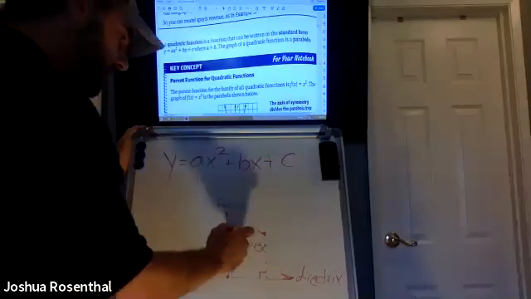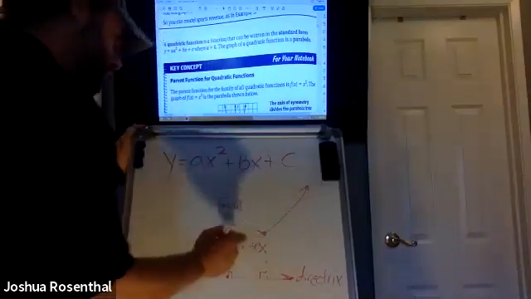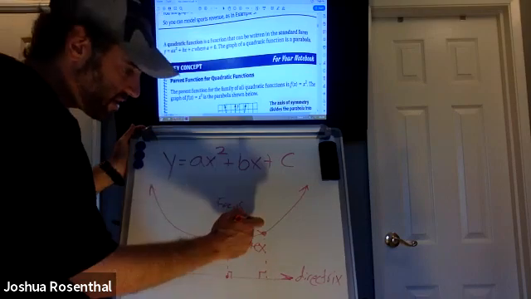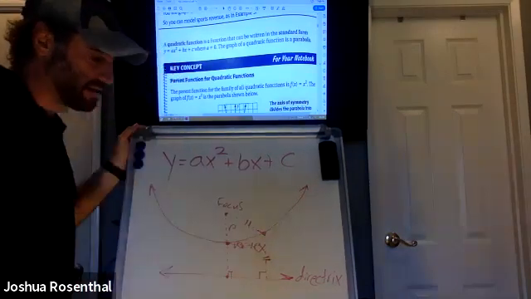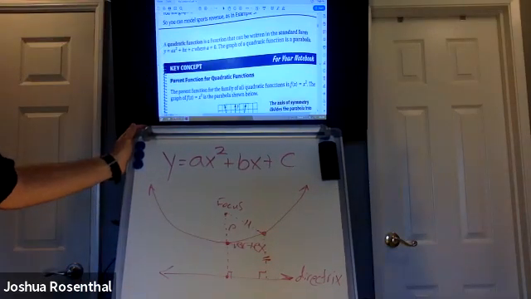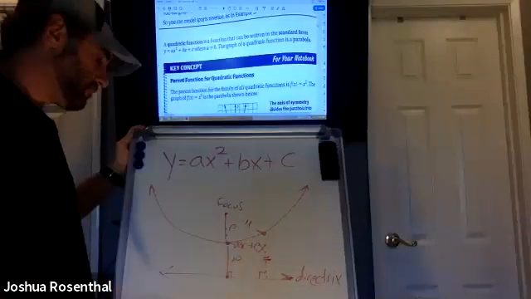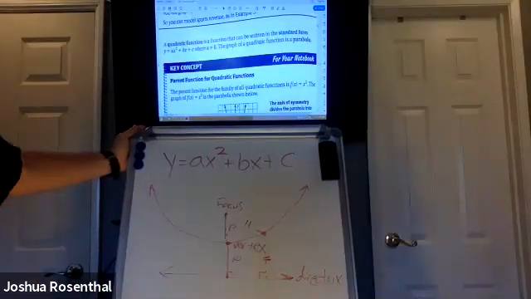That means that it's looking like this. What chapter is this? Chapter 4 of the book that I'm using. Okay, so this distance here is the same as that distance there. These are both the same distance here. All right.